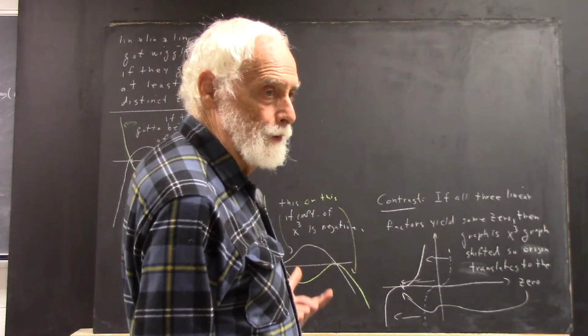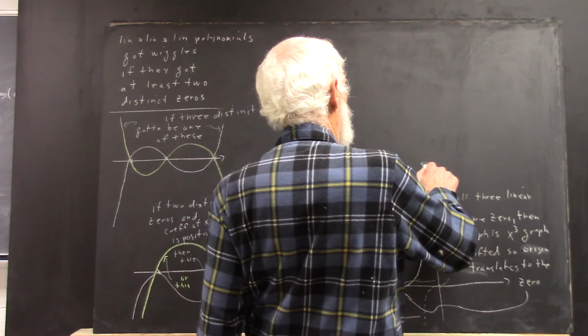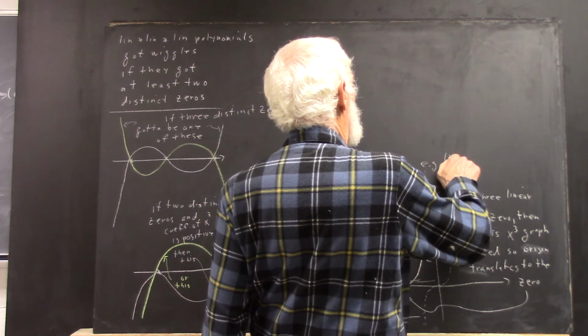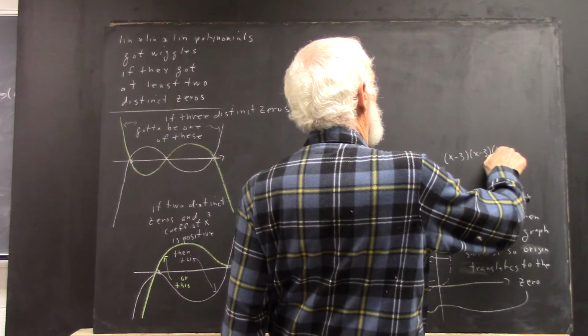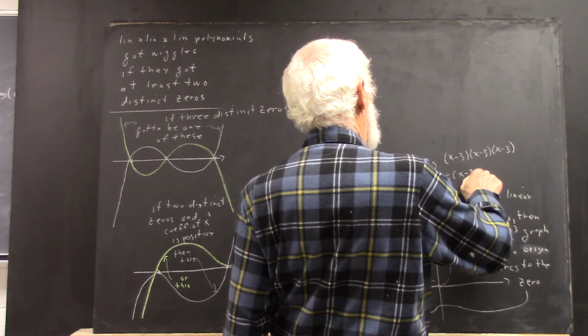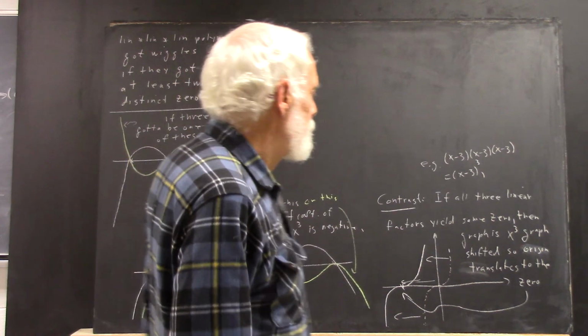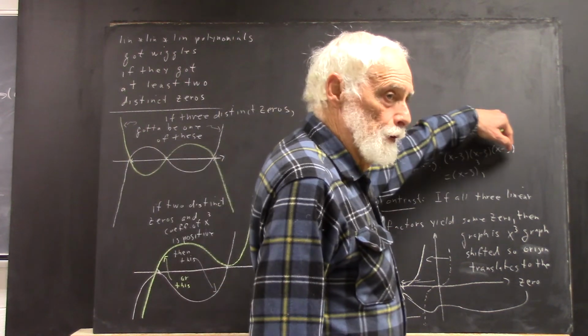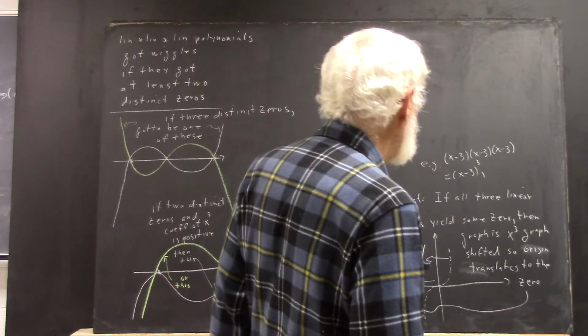And that's because if all three linear factors are the same, x minus 3 times x minus 3 times x minus 3, for example, would give you x minus 3 cubed.